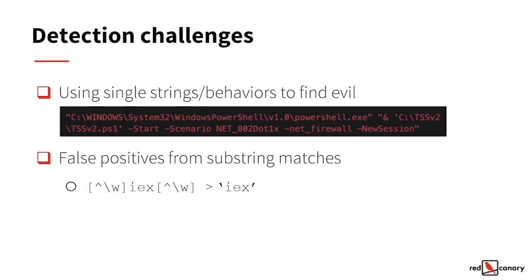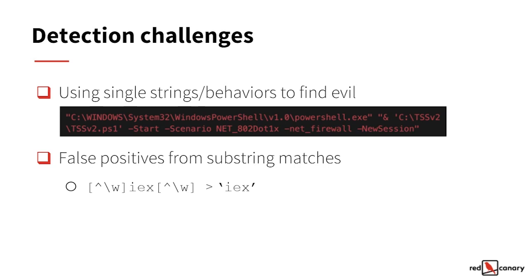So like IEX and download string together, or IEX and a reference to certain registry locations or registry hives in the script or the command line. And then great, cool, you put it in production, and then suddenly you're getting bombarded with false positives.